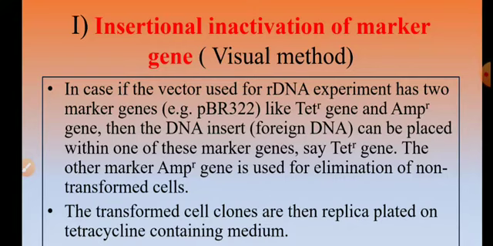Okay. So insertional inactivation of marker gene is a method of selection of clones when the vector that you are using has two marker genes, like two antibiotic resistance genes.